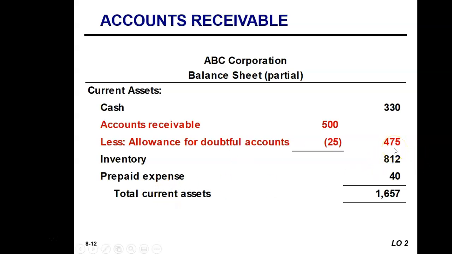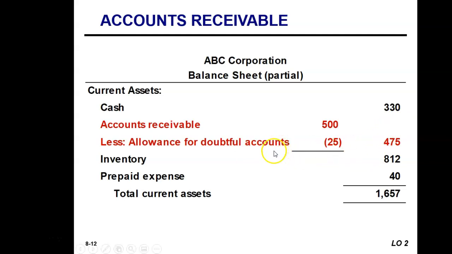Again, this $475 is known as the accounts receivable net realizable value. What does that mean? We're saying that we know the clients owe us $500. We expect $25 to become uncollectible. Therefore, the net amount that we expect to receive from our customers equals $475.